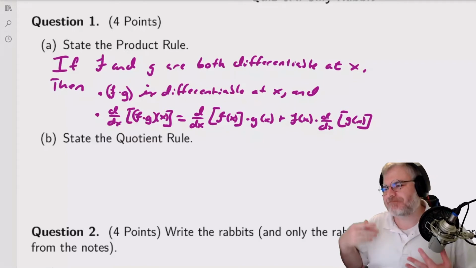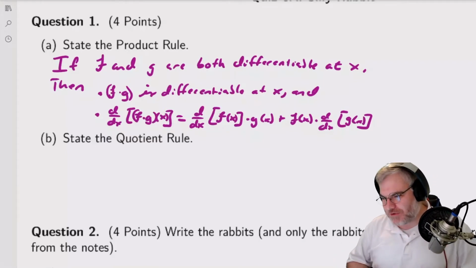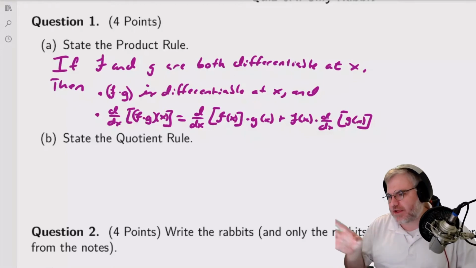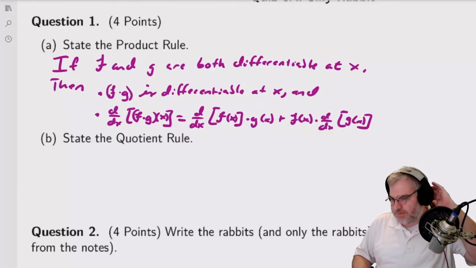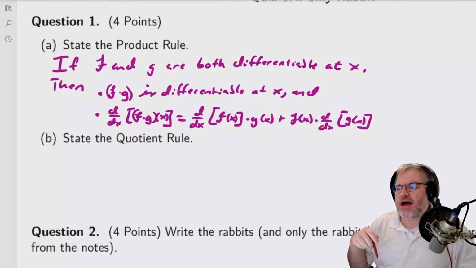Now, first question I always get: do you have to write that? The conditions. We go back and forth. The answer is I don't know what will be required on the test. For the product rule, I'm fine with the last line. I'm okay with the du times v over dx form, and I'm okay with the prime notation. Do you have to state the things up here?